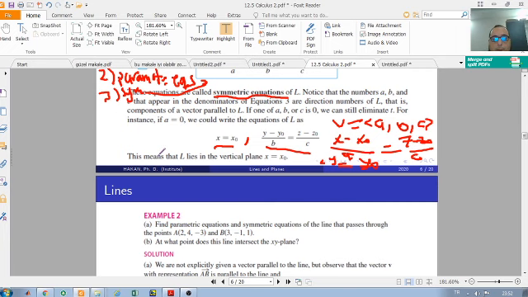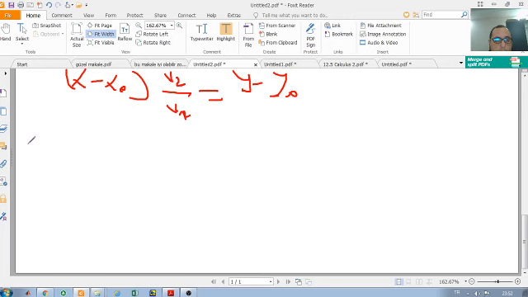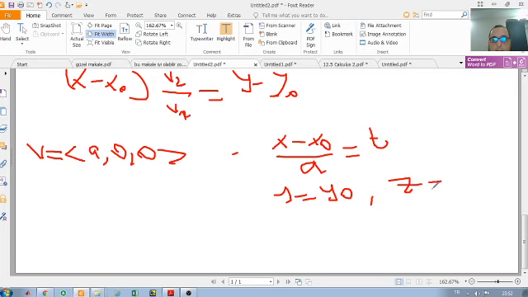If two of them are equal to 0, or if the direction vector is given by a, 0, 0, we write (x minus x0) over a is equal to the parameter t, such that y is equal to y0 and z is equal to z0.